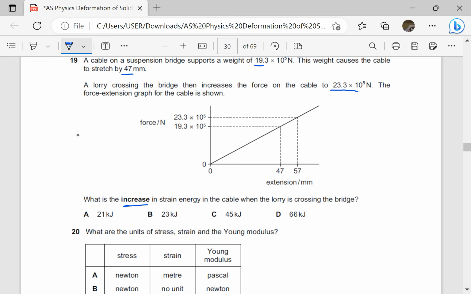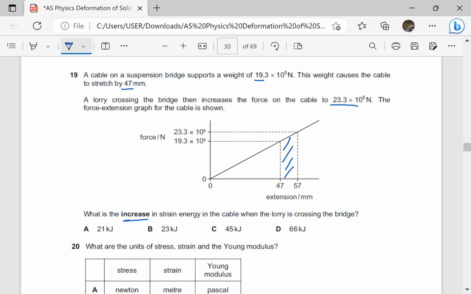So the increase in strain energy is going to simply be this area here. We can take it to be a trapezium. So the increase in energy, I'll call delta EP, is the area under that part, which is a trapezium.